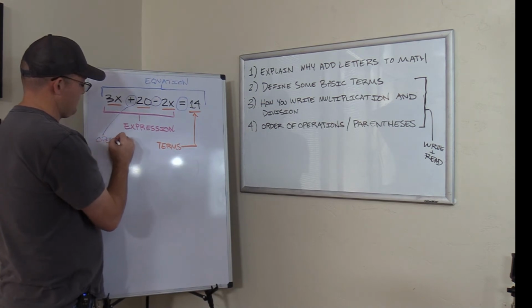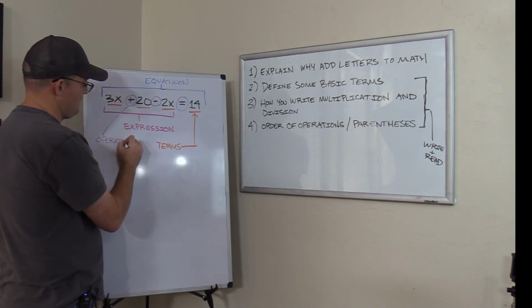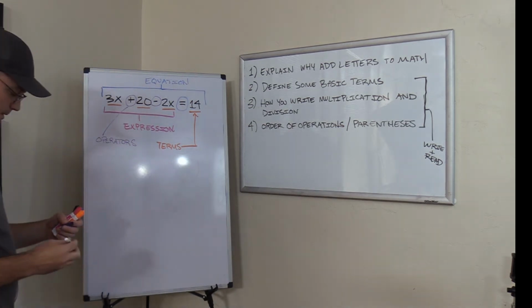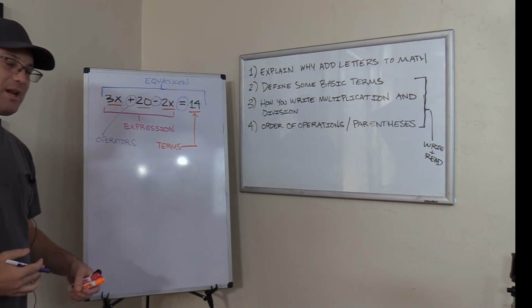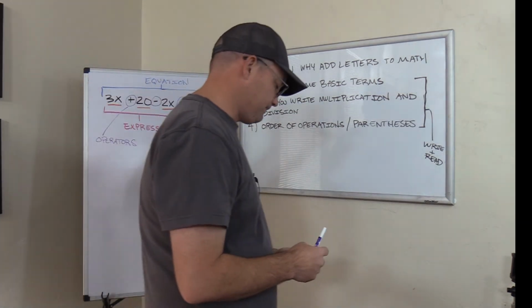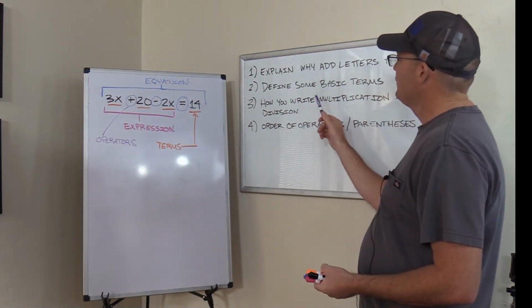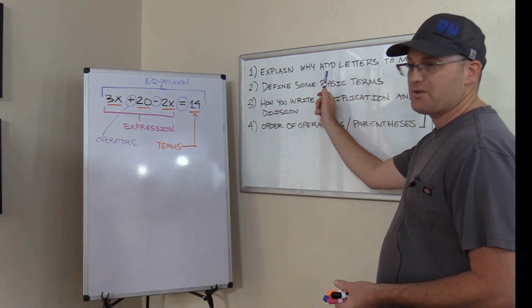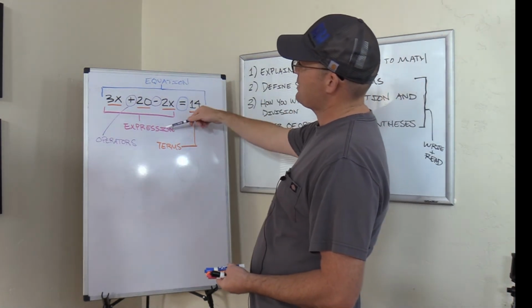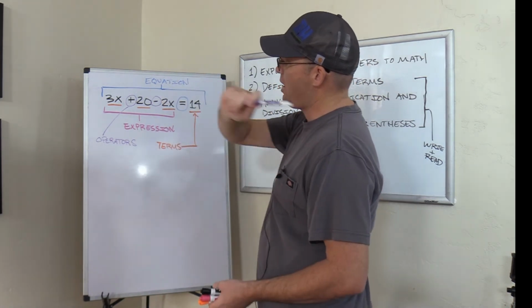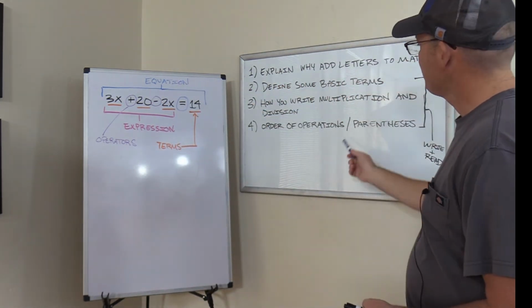Okay, so I'm just going to use that name in my video. Okay, those are called operators. Okay, so those are just some basic terms in algebra that I want you to learn. Now, so we've done one. We know why we added letters to math. Okay. Now we've got some basic terms defined, right? Expression, equation, terms, operators. Okay.